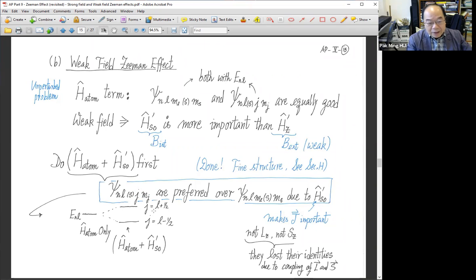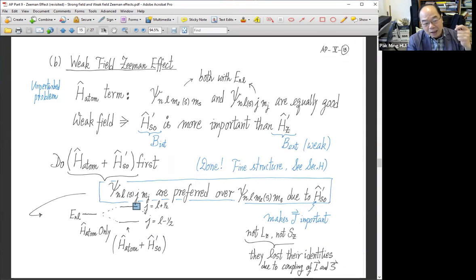And then what happens is that there will be splitting of, say, the P states into two levels according to the J. For L equals 1, this can be J equals 3/2, 1.5, and then this is J equals 1/2. They will take on different energies, and there is hidden degeneracy here according to mj.